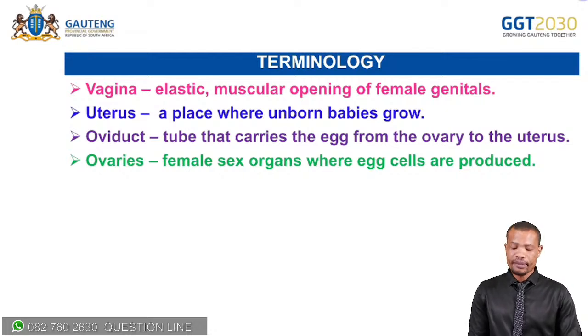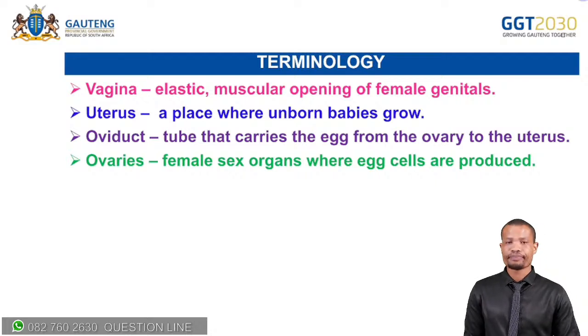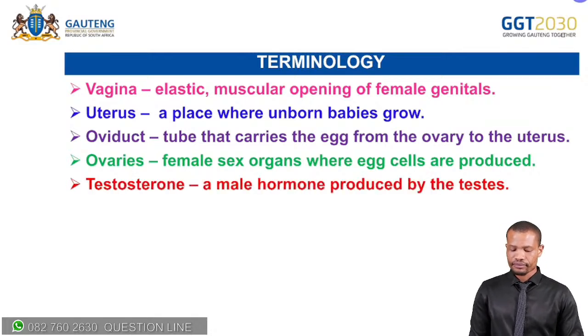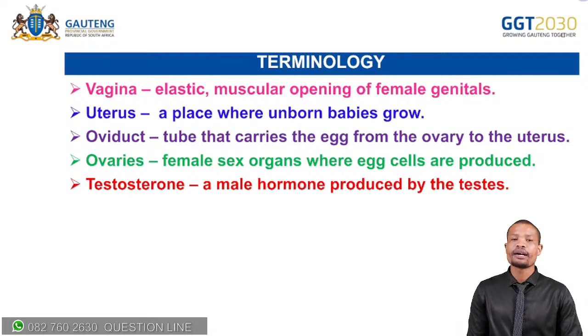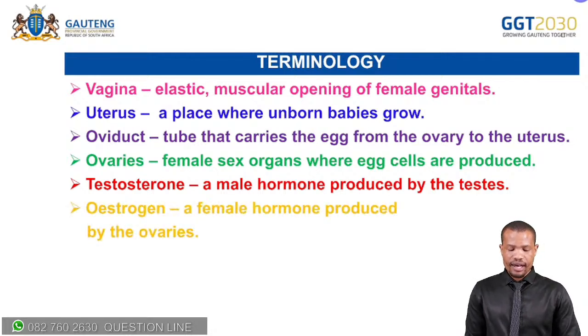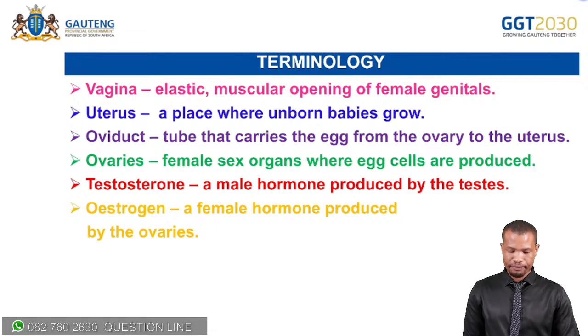The ovaries are the female sex organs where egg cells are produced. Moving on. Oh, sorry, there's more. Testosterone is a male hormone produced by the testes, and estrogen is a female hormone produced by the ovaries.